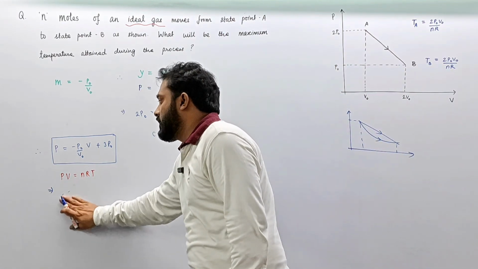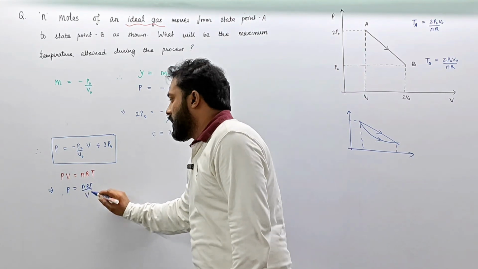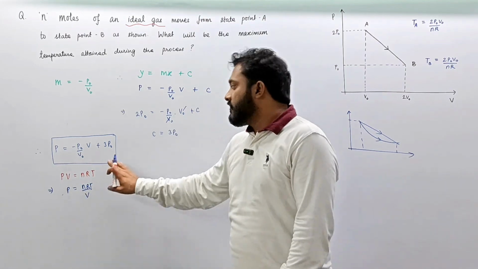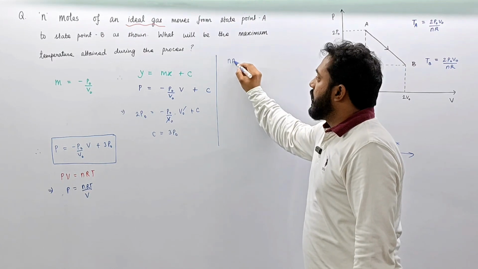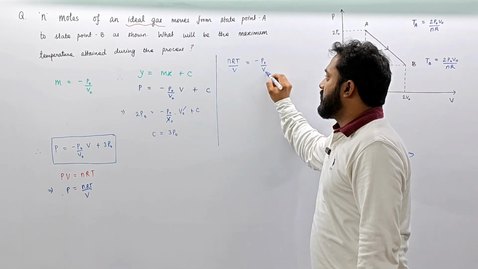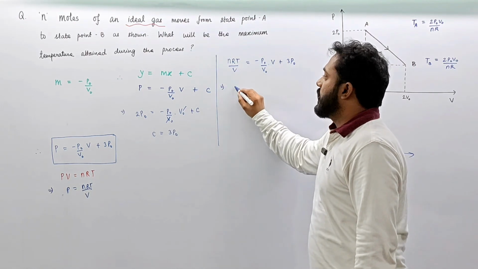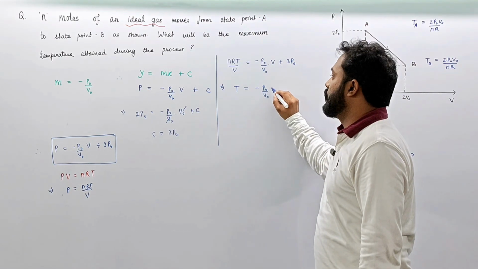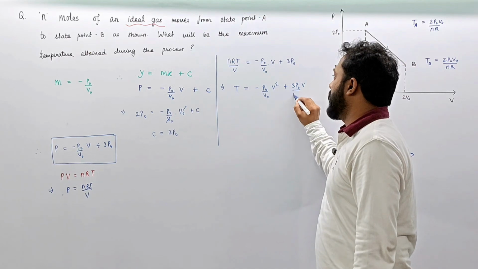We can now write pressure as nRT by V, and if I substitute P here as nRT by V, then we can rewrite the expression as nRT by V is equal to minus P naught by V naught V plus 3 P naught, and hence the expression for temperature turns out to be minus P naught by V naught V squared plus 3 P naught V, upon nR.